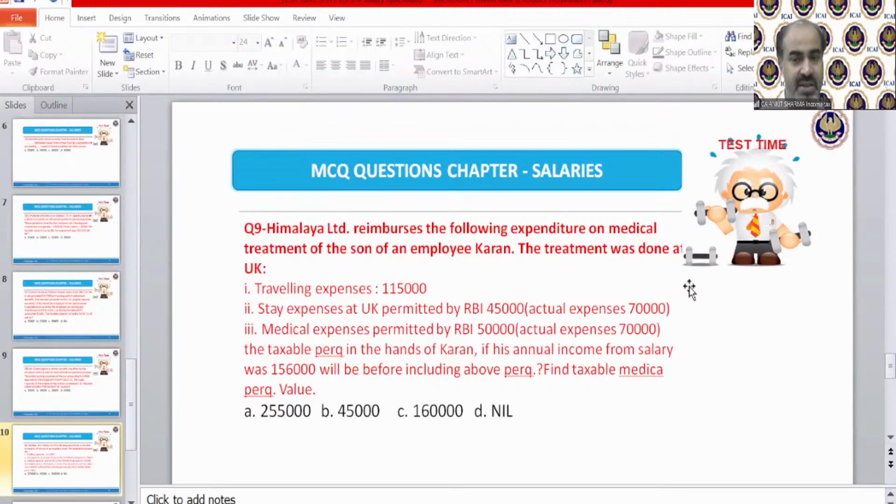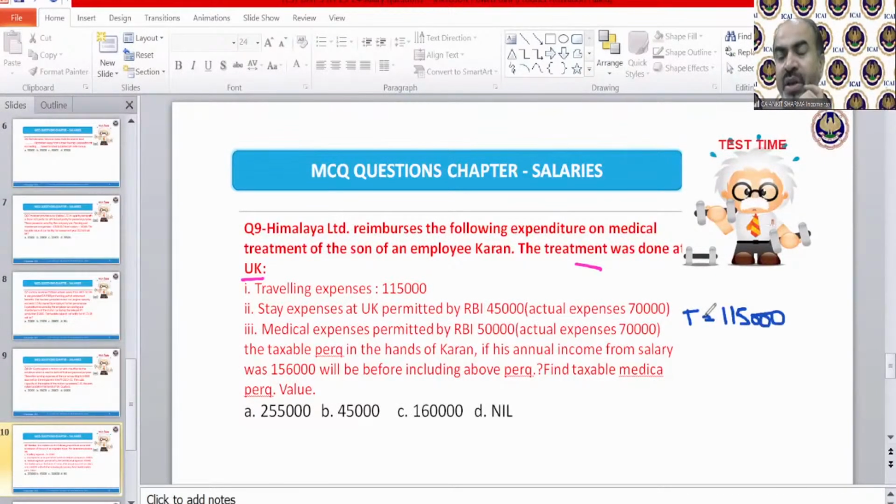That is 1,60,000. Let's discuss this question because that's a different question. In medical facility, when the treatment is actually done outside India, in this case, the treatment has been conducted outside India, in the UK. The provisions say the traveling expenses are exempted up to the RBI limit.